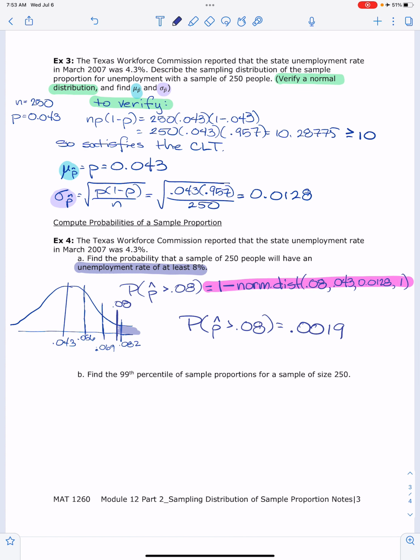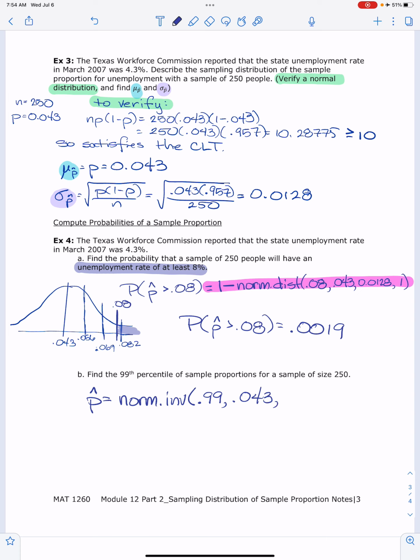Find the 99th percentile of sample proportions for a sample size of 250. So here, I want that sample proportion. norm.inv means I'm taking in that probability when my mean is 0.043.